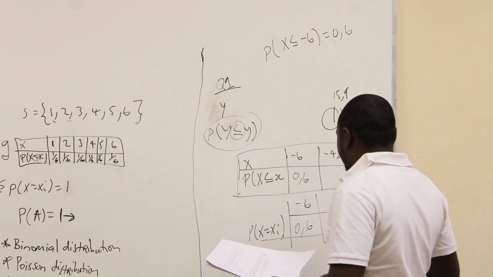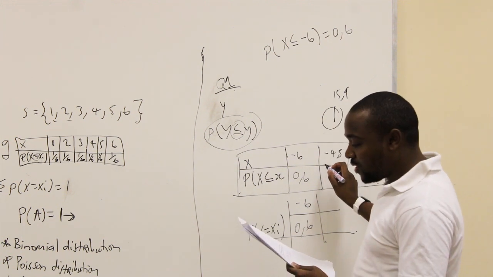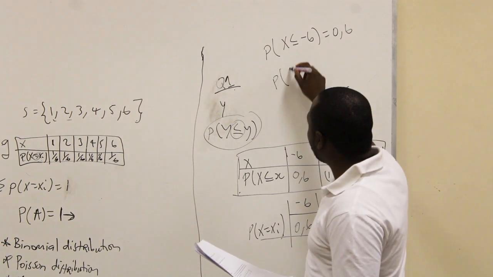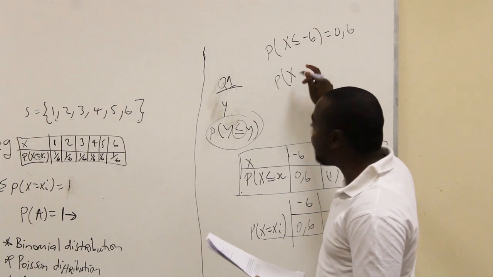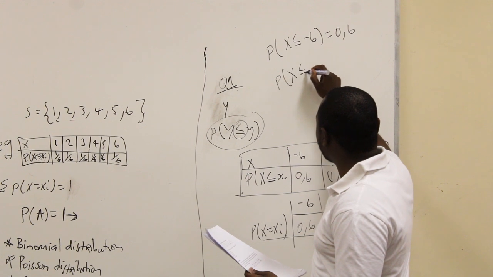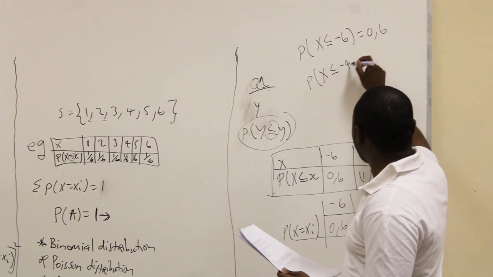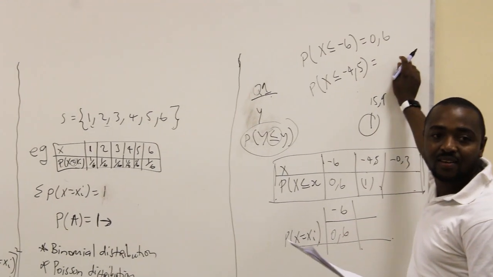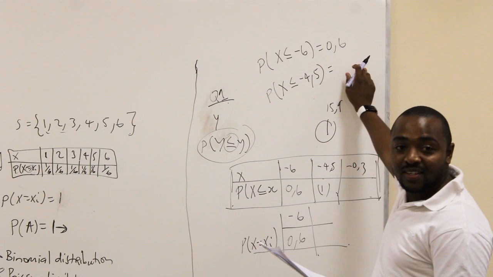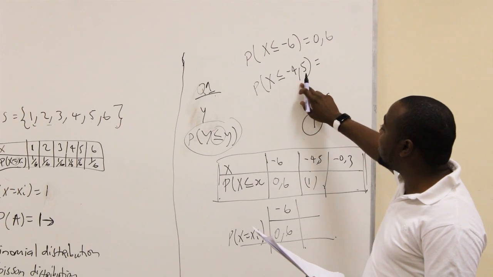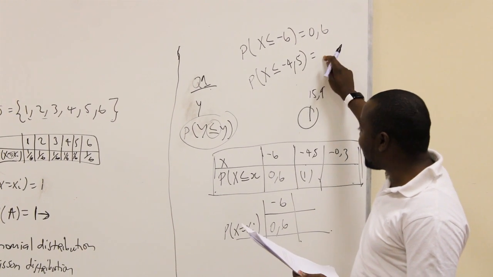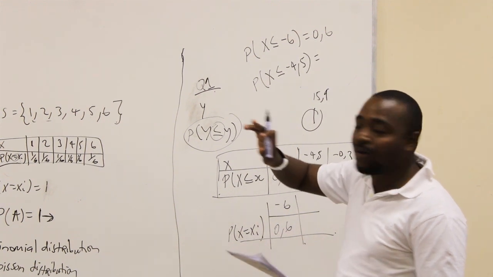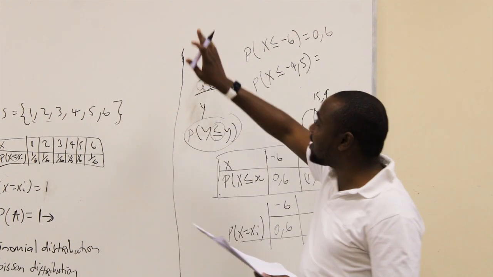So let's take this one. The probability of x less than or equal to minus 4.5 is the probability that needs to entitle also minus 6, right? Remember now what you have.